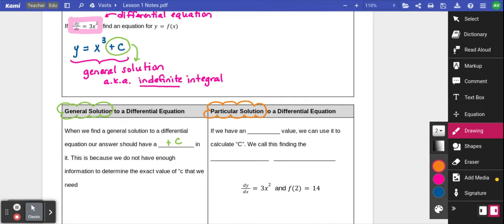We just need a little more given information in order to make that happen. That additional piece of given information is what's called an initial value. Now, an initial value is just one xy combination, one ordered pair that we know for sure was part of the original equation. We can use this information to actually calculate the c value, which we call finding the particular solution.